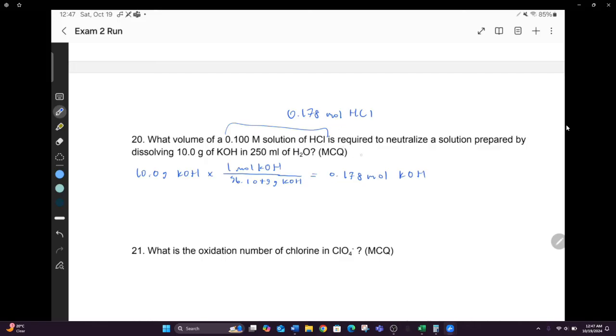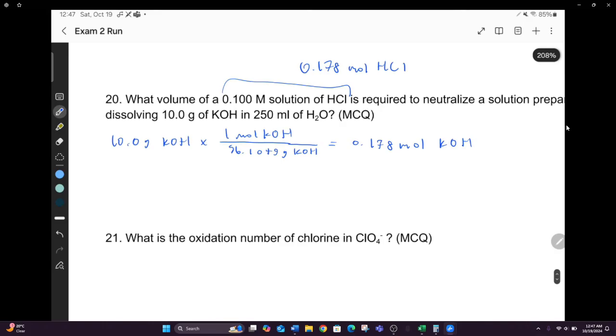The goal is to have equal amounts, right? So we're going to find out what volume we need. 0.178 moles of HCl. We're going to use our molarity as our conversion factor, so we have 0.1 moles per 1 liter. You do that math real quick, and you'll see you need 1.78 liters.